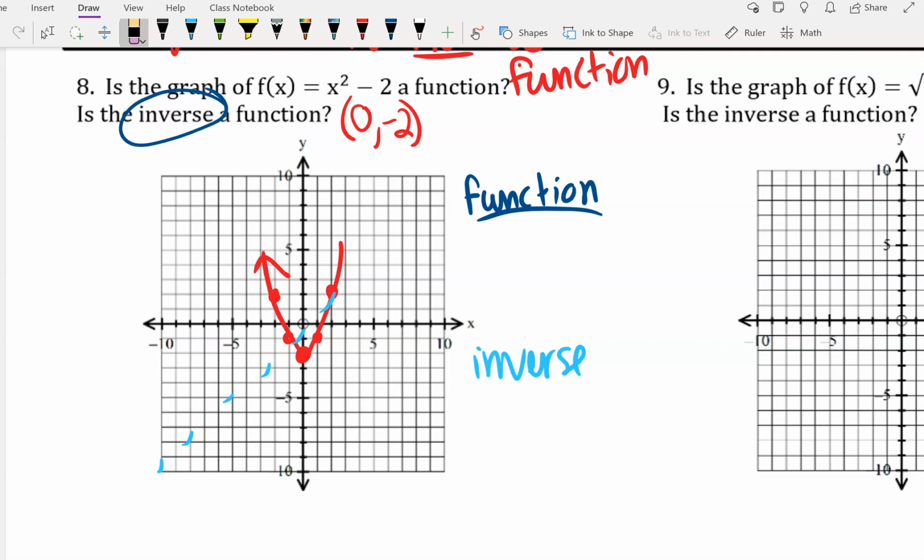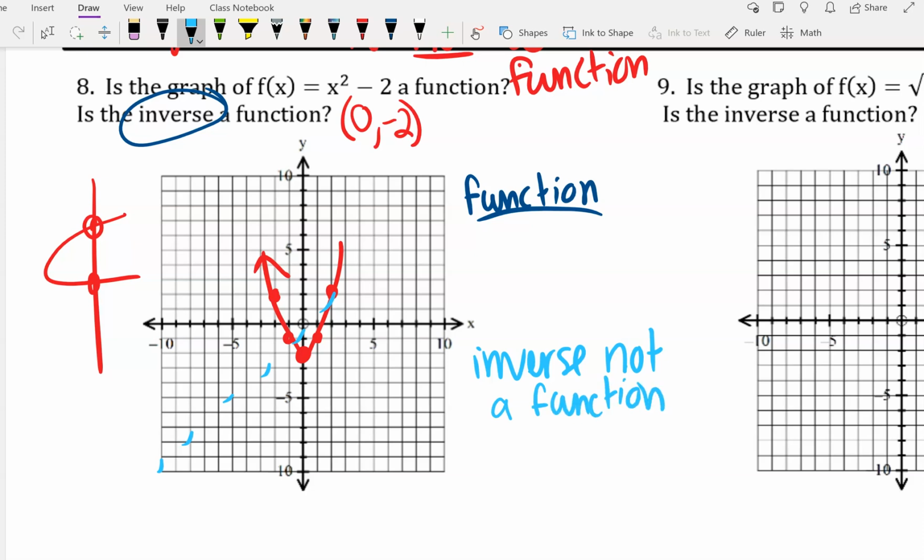If it's a sideways parabola, your vertical line is going to cross more than once. So the inverse is not a function. So the horizontal line test is saying, okay, since a horizontal line crosses more than once, the inverse is not a function.